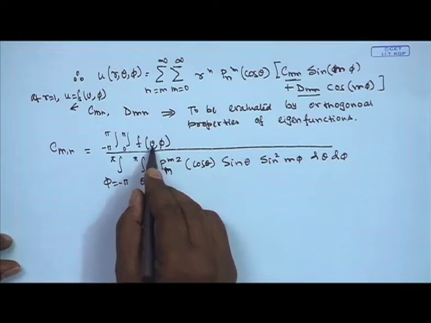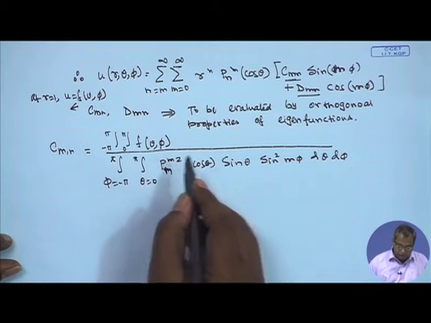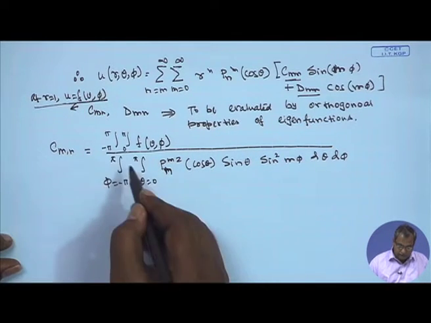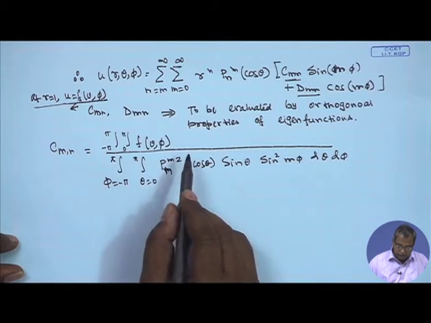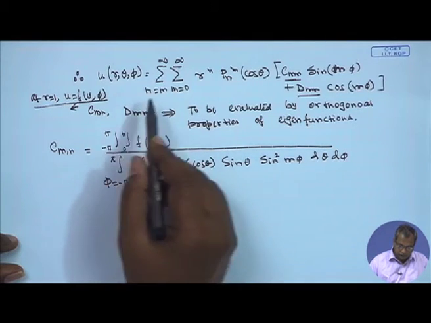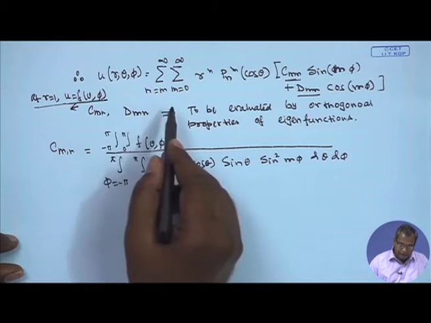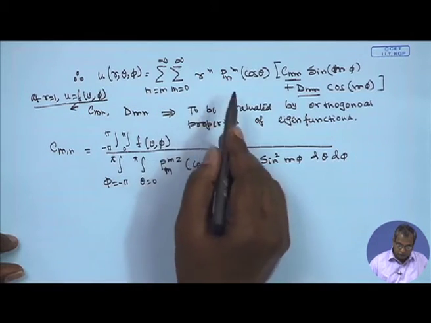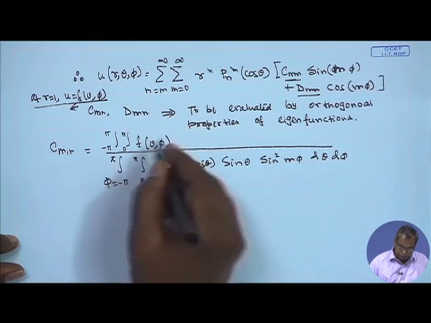So let us put it as a general function of theta and phi at the boundary condition r equal to 1. I omitted a step in between. So f of theta phi should be equal to this.